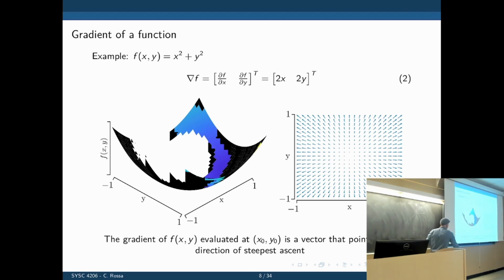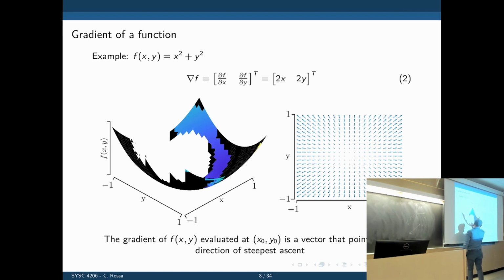So the gradient at point -1, -1 is a vector that starts at -1, -1, and it has a magnitude of -2 this way, -2 that way, and points along that line. Right? Which means that along that line is the point of greatest ascent, which makes sense. Right?